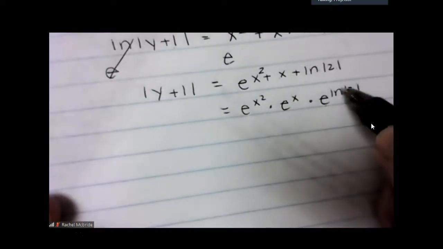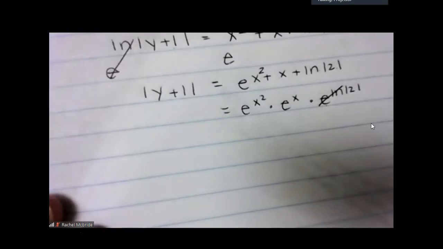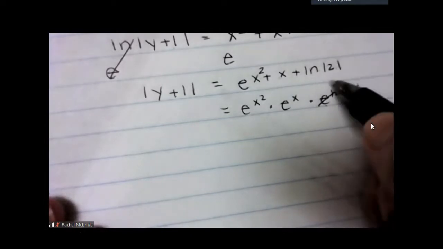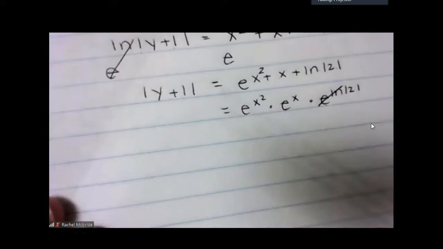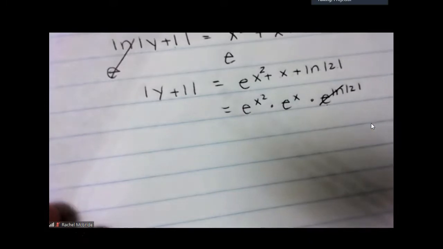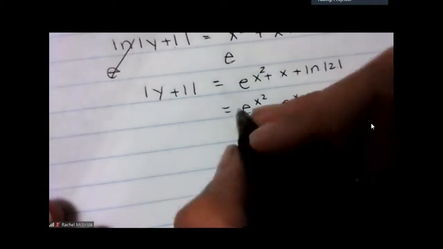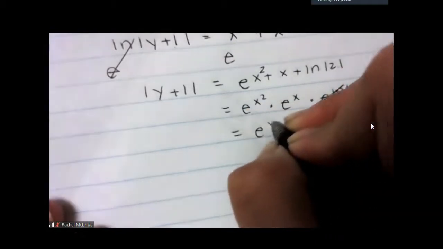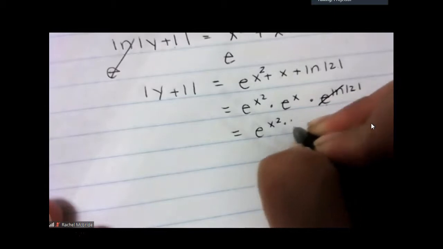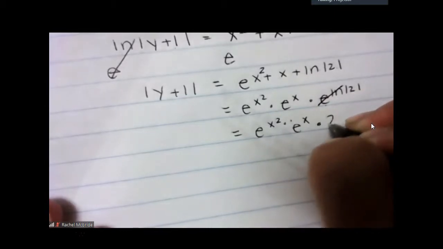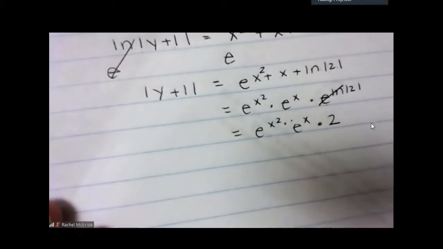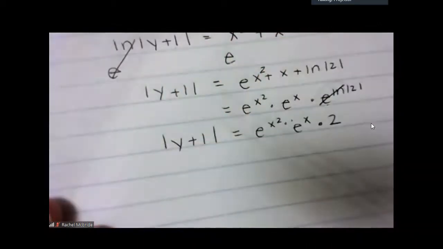So e and ln cancel, so that ln of 2 becomes the initial condition, or that c value, out in front of 2. So this becomes e to the x squared times e to the x times the number 2, with that absolute value of y plus 1 tagging along.